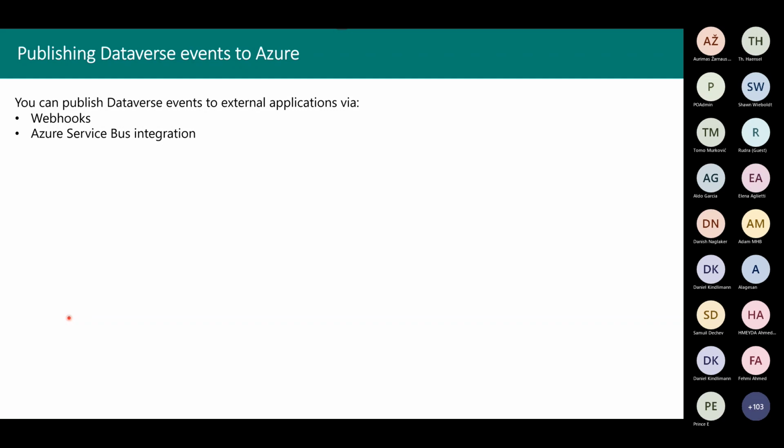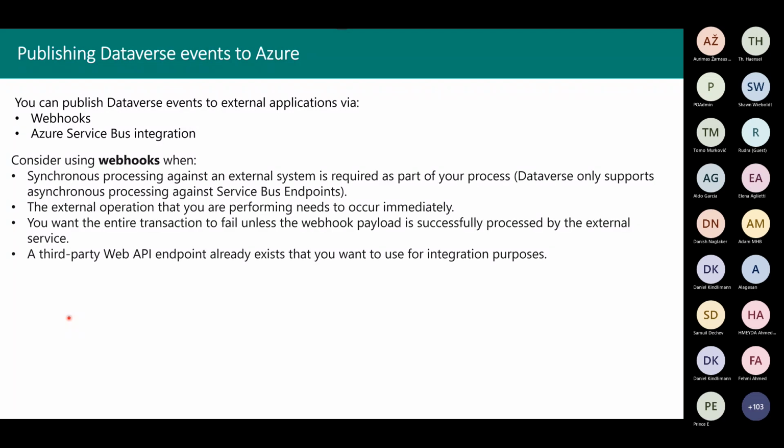And for doing that, we can have two possible ways. The first is using webhooks, the second is using Azure Service Bus integrations. What are the differences of these two types of usage? Webhooks from Dataverse are useful when you want to create synchronous processing.